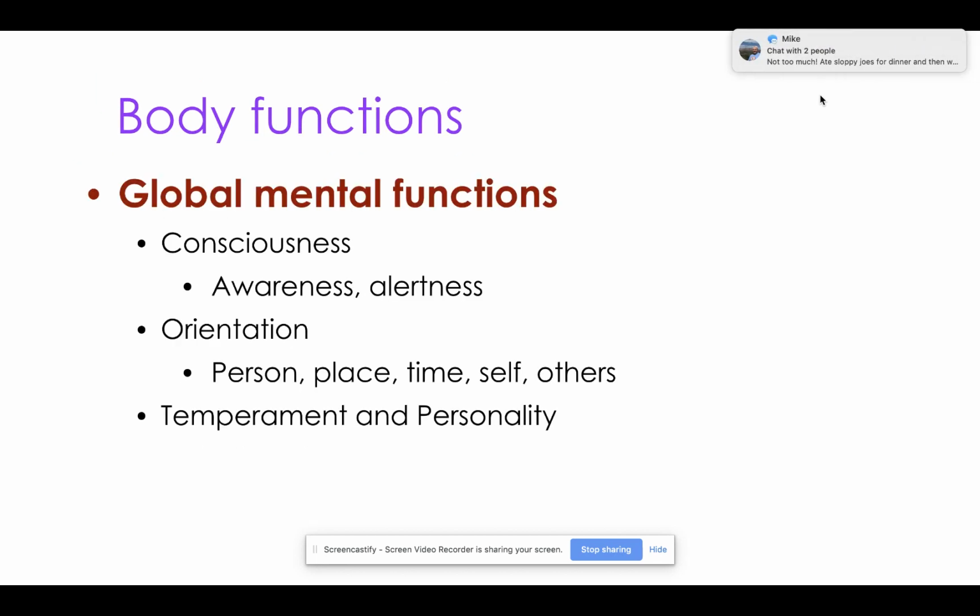Now we're going to talk about global mental functions. There are 3 areas here: the level of consciousness, the areas of orientation, and then temperament and personality. When we're talking about consciousness, obviously being awake is the first thing that comes to mind. But it's also being aware and alert to times when you need to have that heightened sense of awareness and alertness.